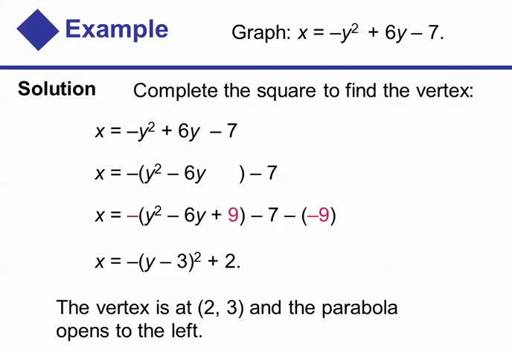When we find that the vertex is at 2, 3, this is the place where you need to be careful, because this time the vertex is going to be (k, h), not (h, k). Okay, and that's because we've swapped our variables.